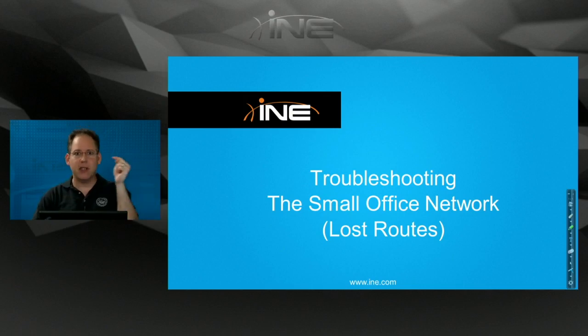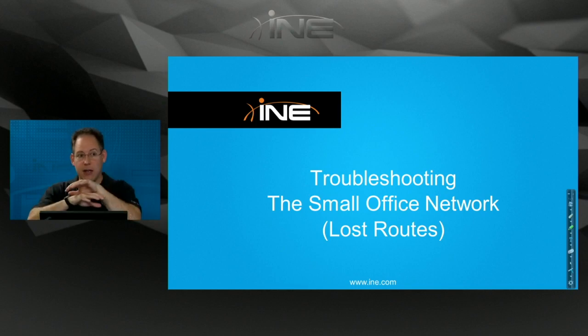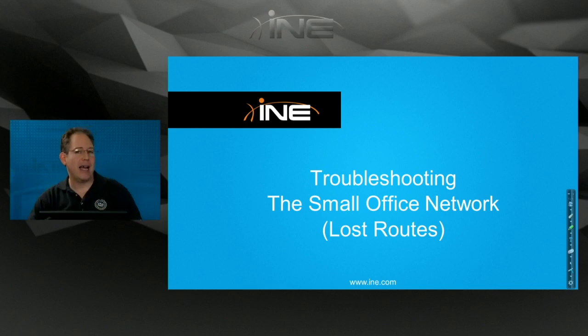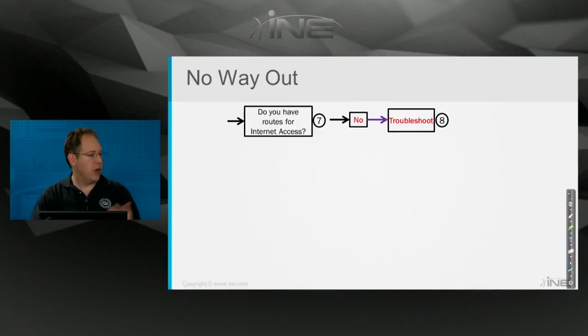If a packet comes into the router from an employee's laptop, and that packet is going to a network that the router is not connected to, does the router know how to forward that packet on its way? So we're going to be looking now for lost routes. Do we have routes for internet access? And if the answer is no, then we have to troubleshoot that.